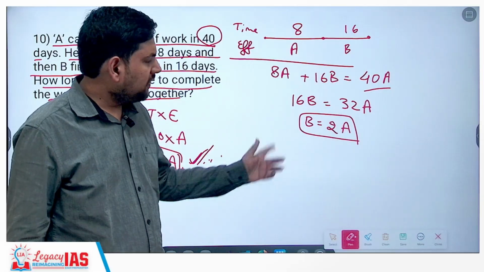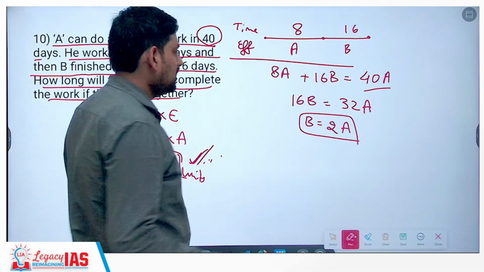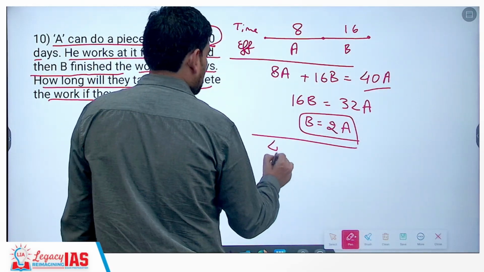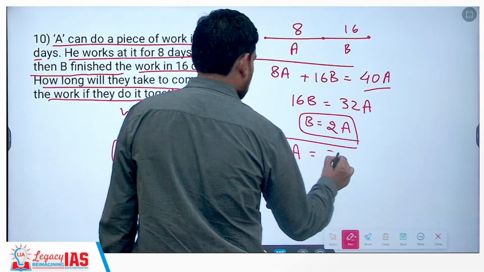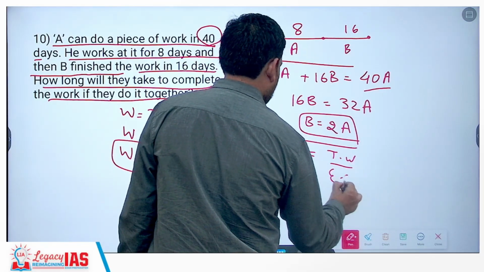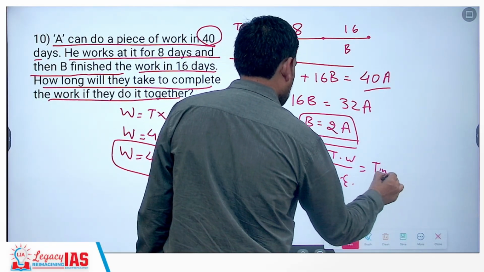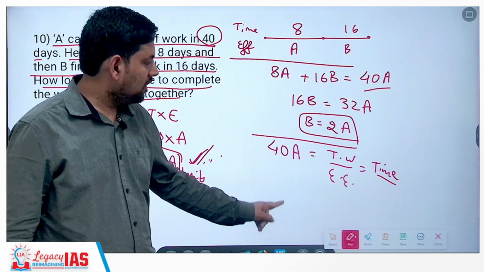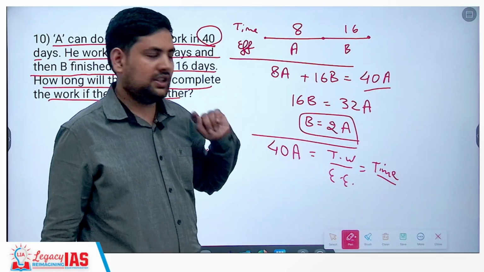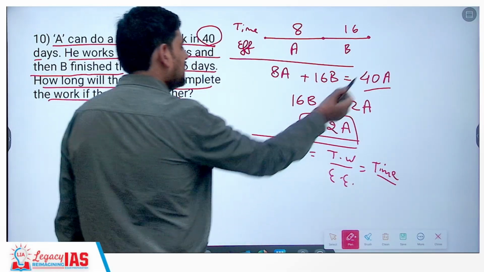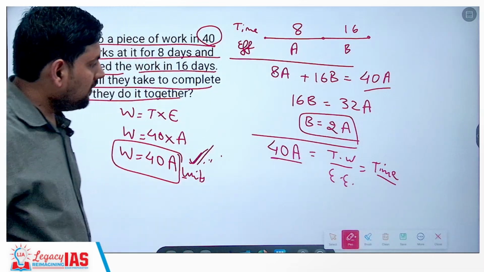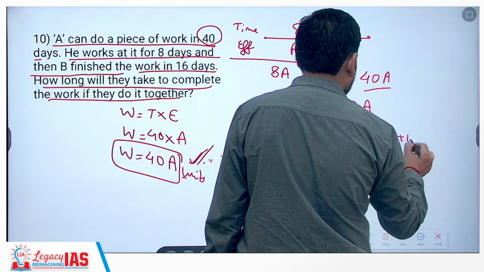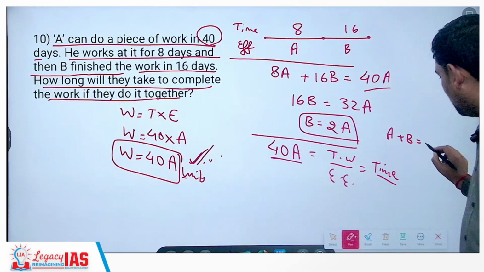Once you get B is equals to 2A, then it becomes fairly easy. Now, what combination is given to you? Total work upon effective efficiency gives you the time. Total work, this we have seen before in the first, second lectures. Total work is the same 40A, divided by effective efficiency, which is actually A plus B. Now, A is A, that's fine.